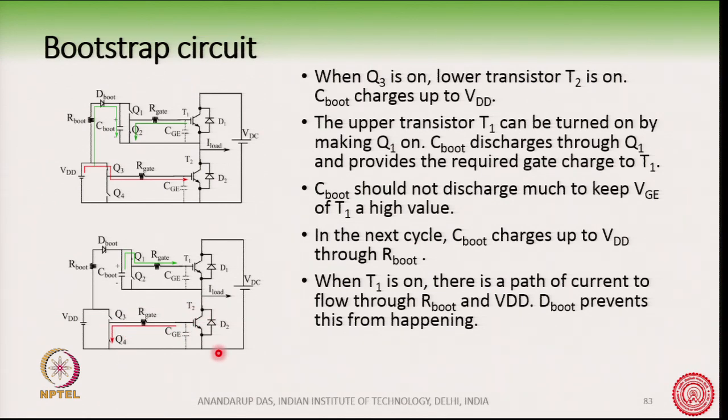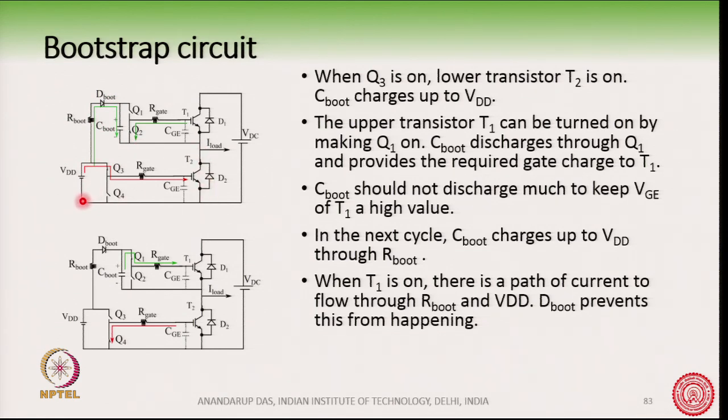But what happens with the upper one? Note that when you turn on the lower IGBT by turning on Q3, there is a path for current to flow, as shown by this green arrow here.